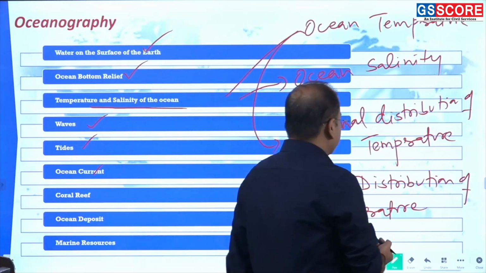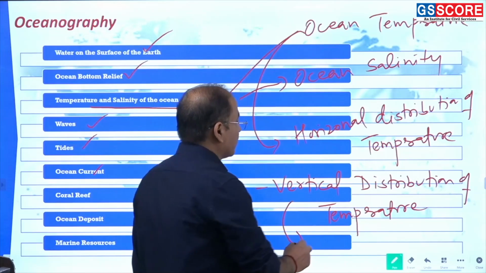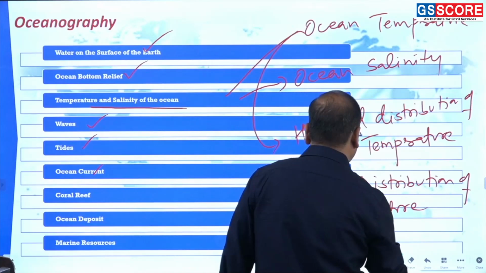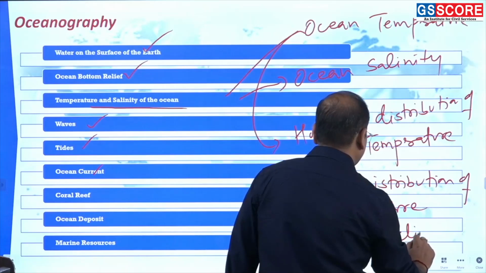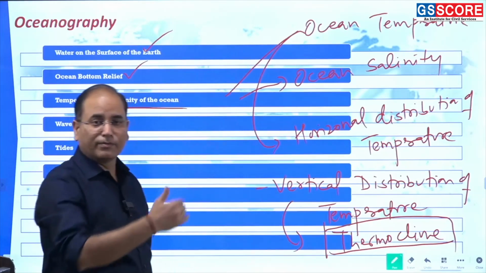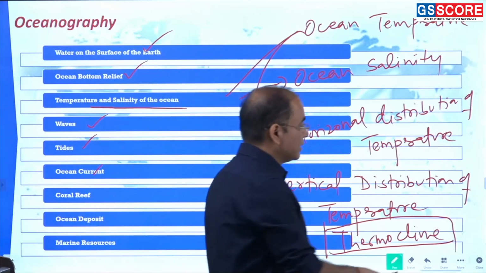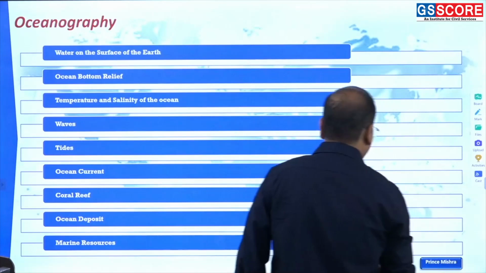In the vertical distribution of temperature, we have a zone of thermocline. So what is this thermocline zone? How does the water temperature change vertically, and how does the water temperature change horizontally?